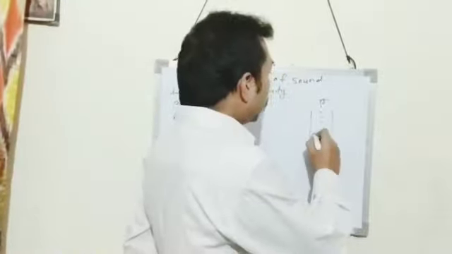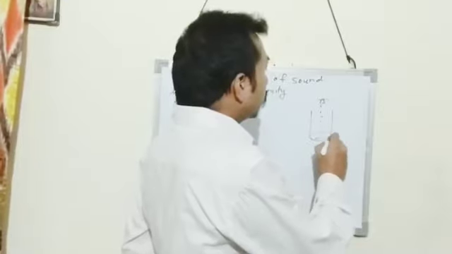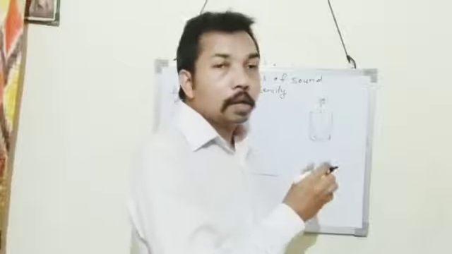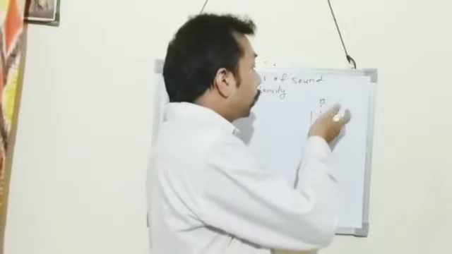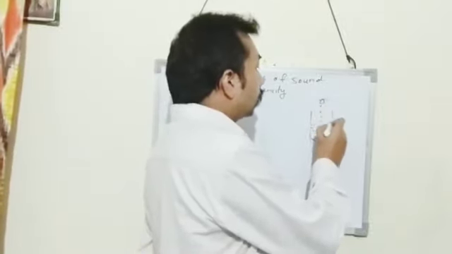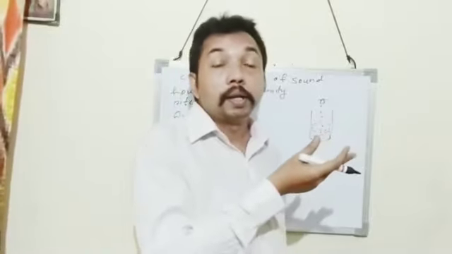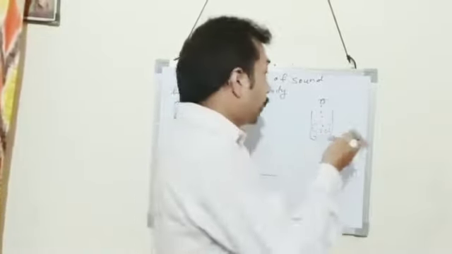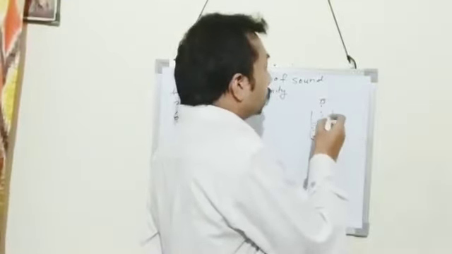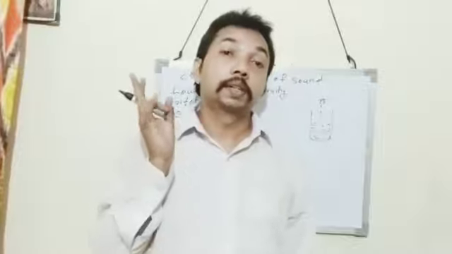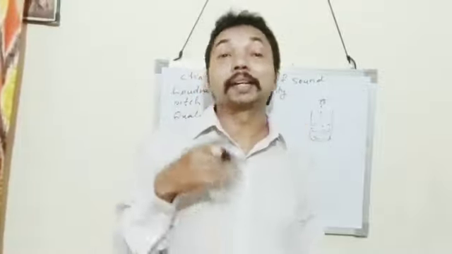So when more and more water comes into the pitcher, then the amount of air column decreases. When the air column is more, the sound is different. When the water column increases, then the height of the air column decreases.